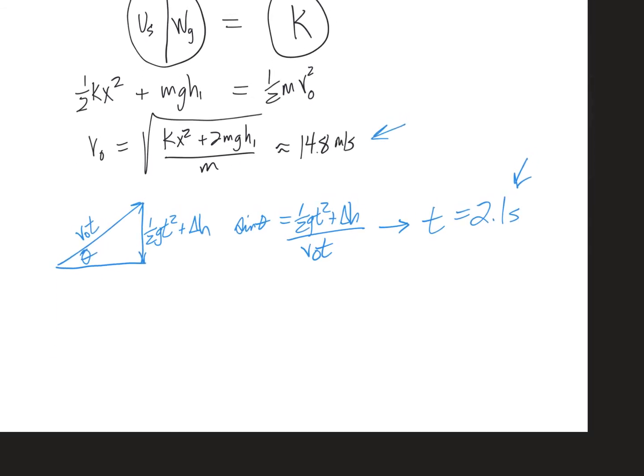So now Vy, associated with that delta h, is going to be equal to v naught y, which we'll have as v naught sine theta, minus gt.